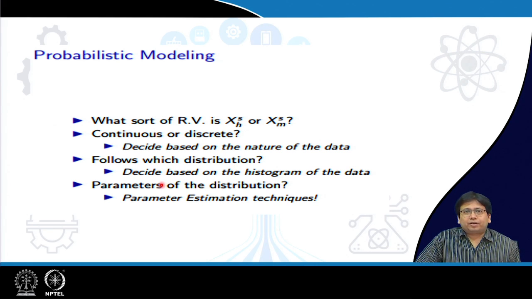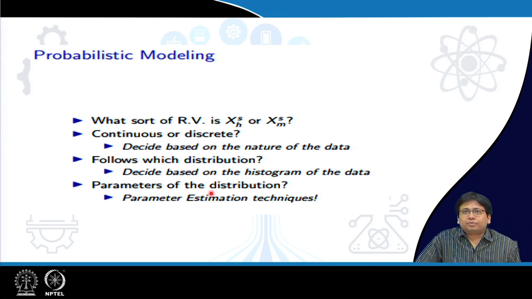Whenever we are considering any probability distribution, it will also have its own parameters. For example, the Gaussian distribution has the mean and variance parameters, the gamma distribution has the shape and scale parameters, and the Poisson distribution has the lambda parameter, which is the intensity, and so on. So how to estimate those parameters?